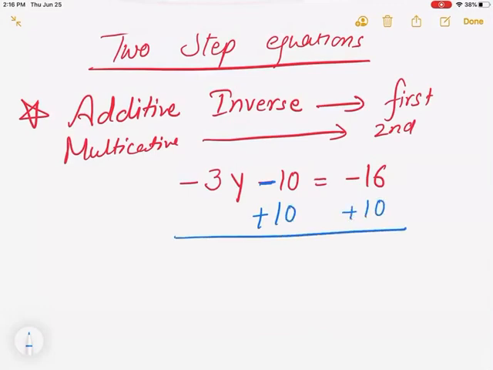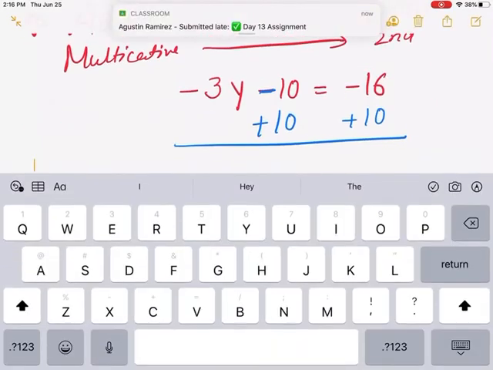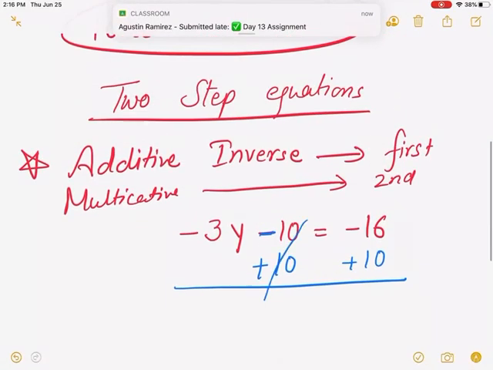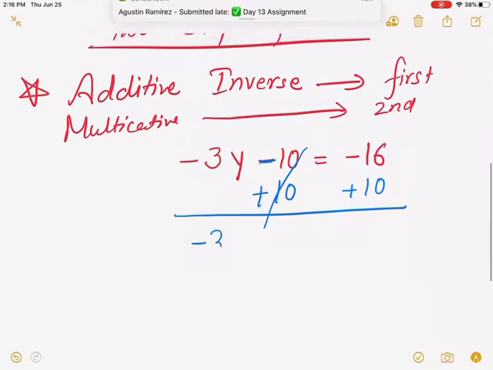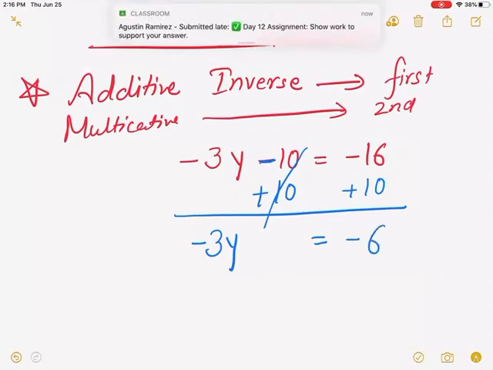Again, I repeat, do additive inverse first. So negative 10 plus 10 gets canceled out. It's just negative 3y left on this side. And what's on the other side? It's negative 16 plus 10, which is negative 6.